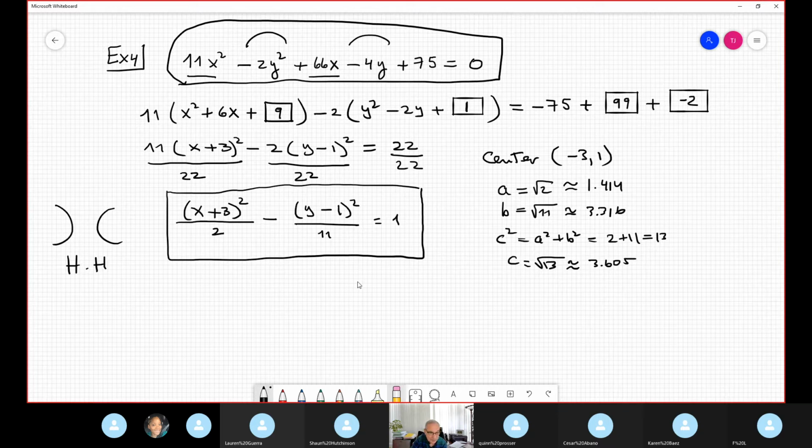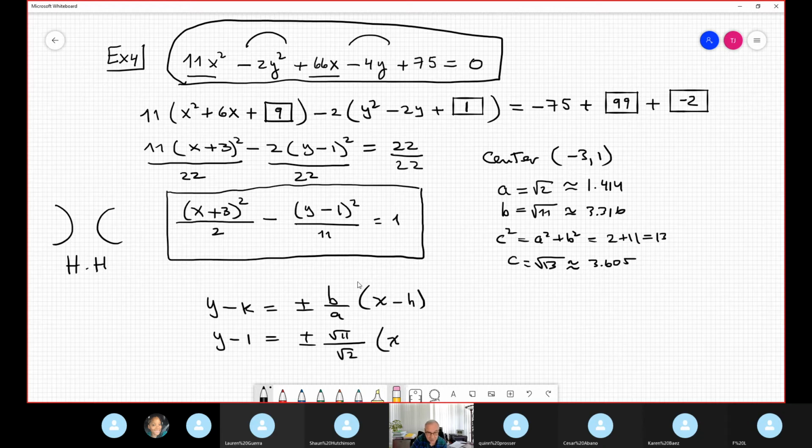So the formula is y minus k is equal plus or minus b over a times parenthesis x minus h. In our specific example, y minus 1 is equal plus or minus b is radical 11, a is radical 2, you put together, times parenthesis x minus h, which is 3, minus 3, sorry, plus 3.